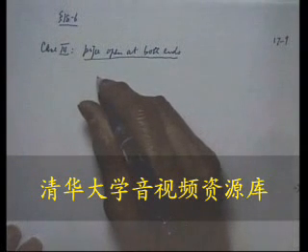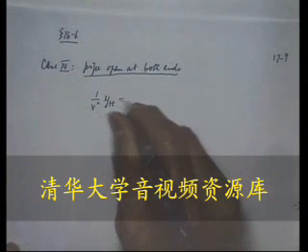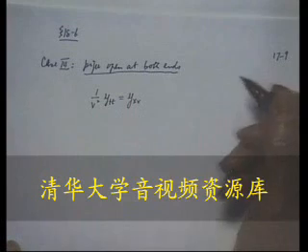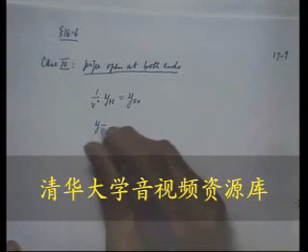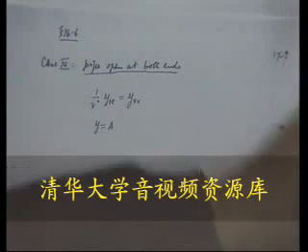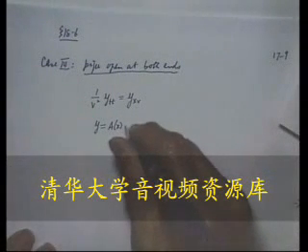The equation is the same: 1 over v squared y_tt equal to y_xx. We again write y as A(x) times B(t).